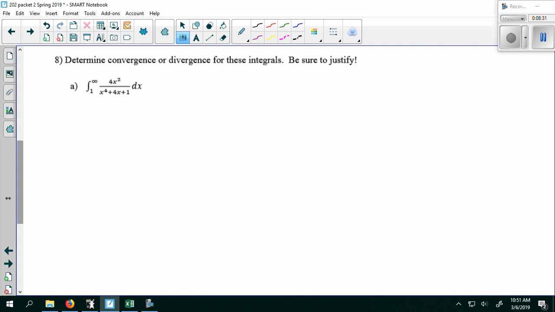Determine the convergence or divergence of these integrals. So I've got a 4x squared on top. I'm going to pull that 4 right out of my integral. It's just complicating this. So this is going to become 4 times the integral from 1 to infinity of x squared over x to the 4th plus 4x plus 1 dx.